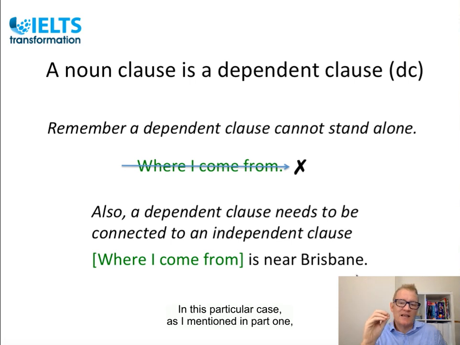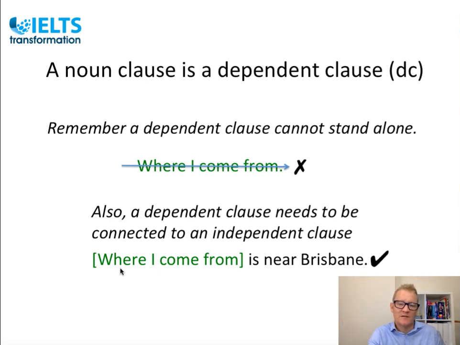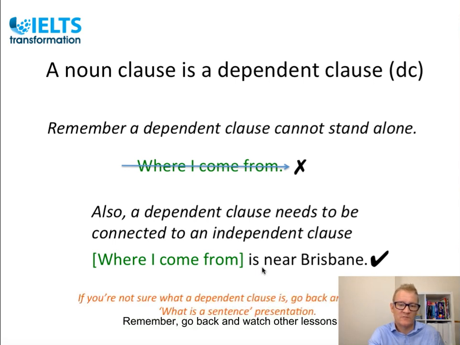In this particular case, as I mentioned in part 1, these are a little bit different. This is not a dependent clause, "is near Brisbane." What's near Brisbane? So these are a bit special. So "where I come from": subject, is verb, near Brisbane, complement. Remember, go back and watch other lessons.